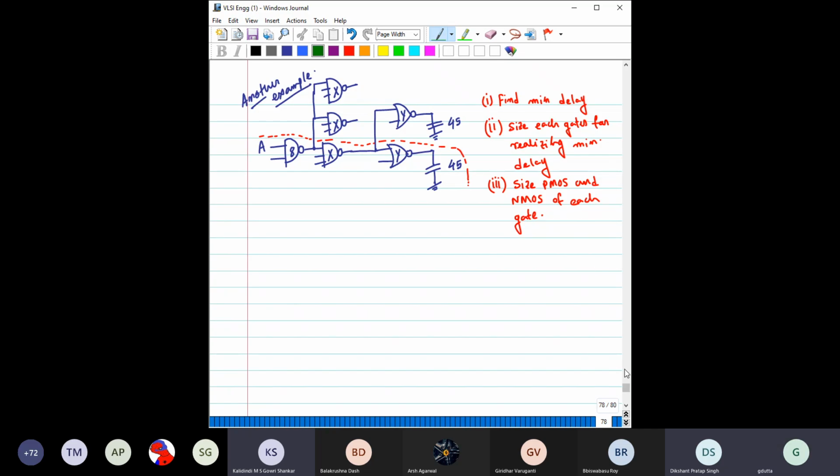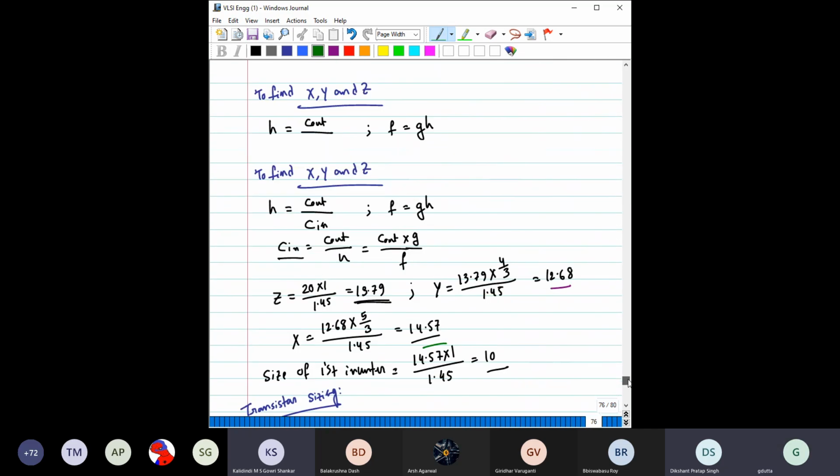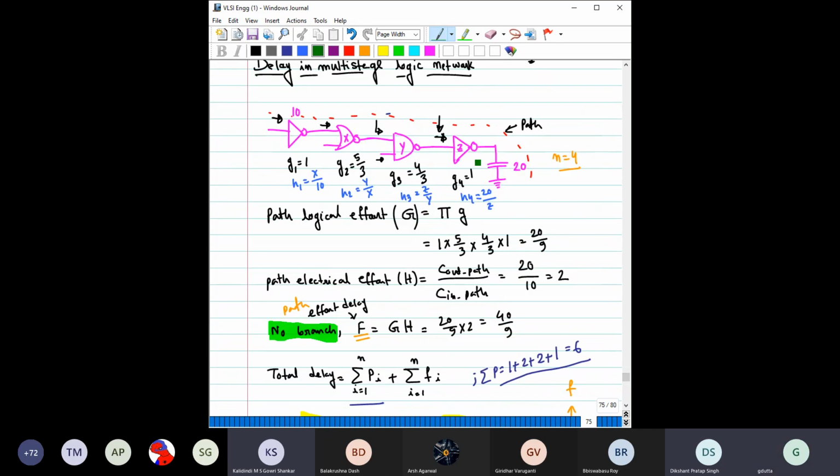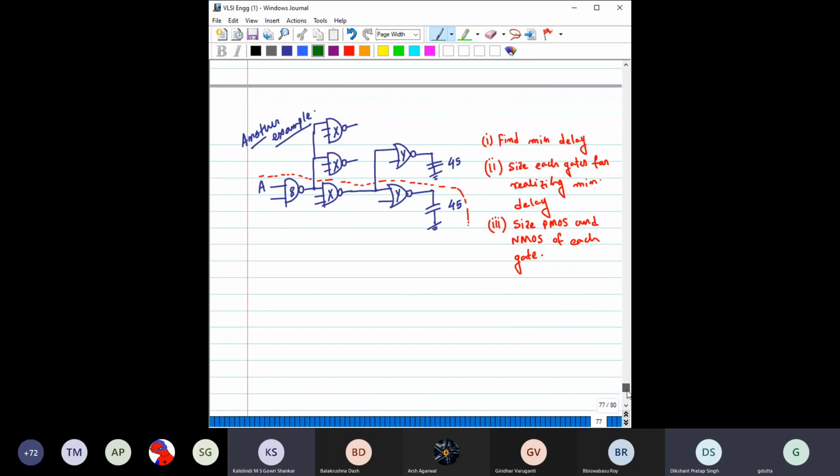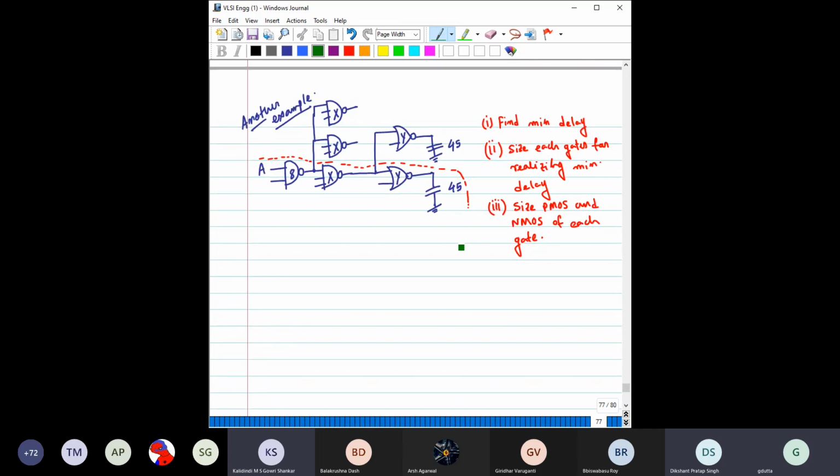Compared to our earlier example, we have more branching here. So we'll try to solve this.